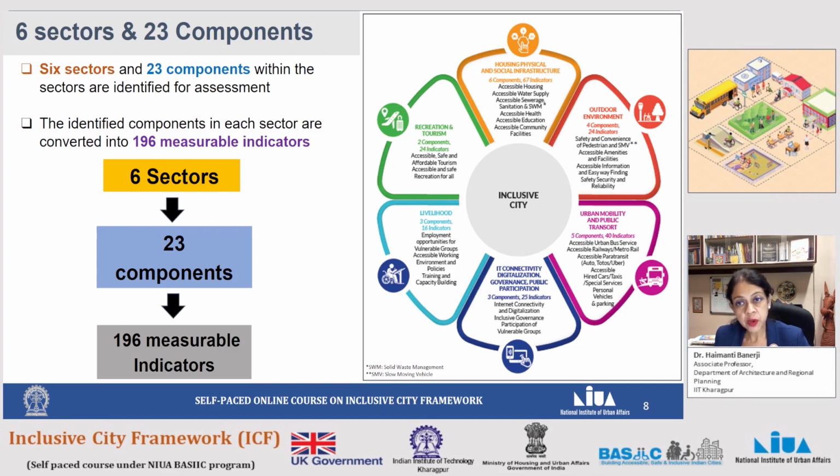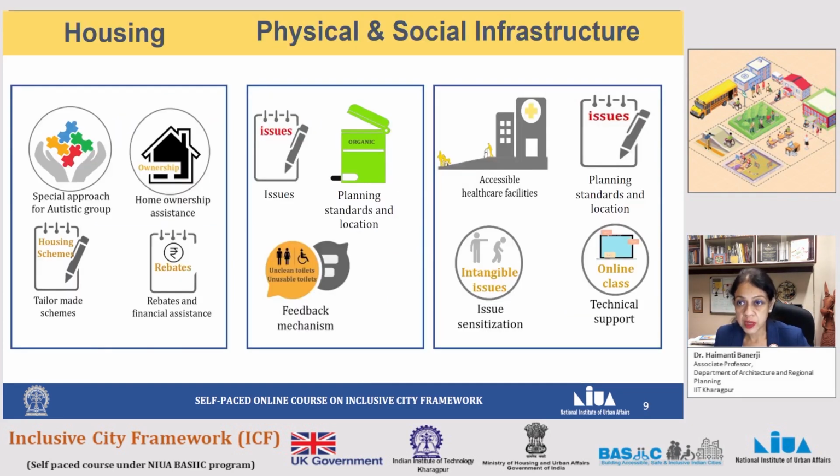The USP of this framework is consideration of indicators which provide physical, social, economic, and digital inclusion. For example, we already mentioned that in housing we have talked about supportive mechanism to vulnerable groups for home ownership. The section on urban infrastructure considered feedback mechanism and sensitization.